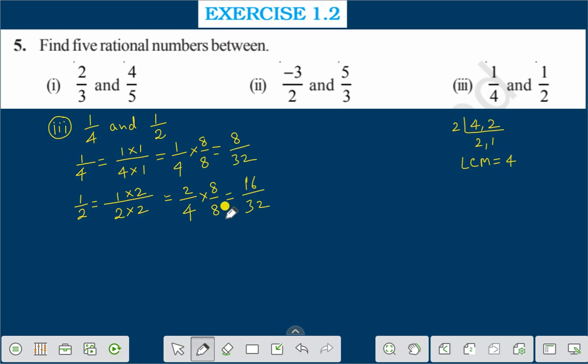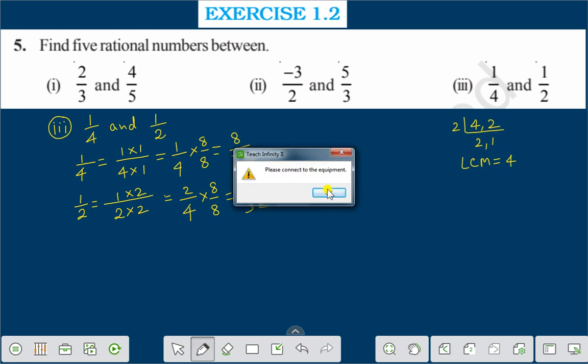To find more rational numbers, because it is 1 by 4 and 2 by 4, we are not getting any rational number between them, right? Now if we multiply with 8, then we are getting 8 by 32 and this is 16 by 32. Now we will get many rational numbers between them.